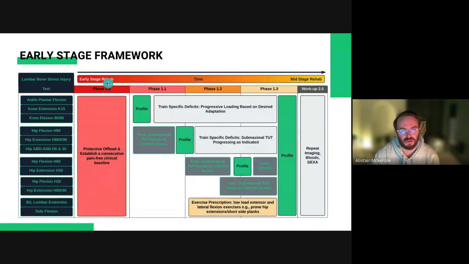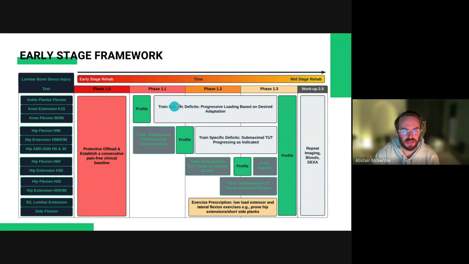If you look at this from a time point of view, early to mid, we're going to offload them for a period just to allow the symptoms to settle. We can start quite heavily with loading the distal structures, providing we're not loading through the spine. So a seated calf, a seated plantar flexion, for example, knee extension, and knee flexion is a nice one to actually get some load early through the tissues, especially post-op.